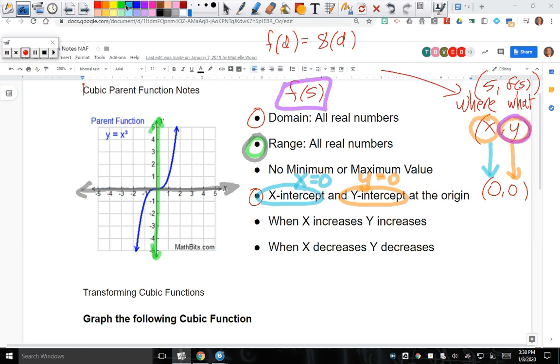If I played for 5 days, what would be the amount that I actually played? 40. So f of 5 is 40. Do you understand? That's important, guys, because the notation that's coming your way, you have to understand the input and output. Okay? Hold on just a bit.